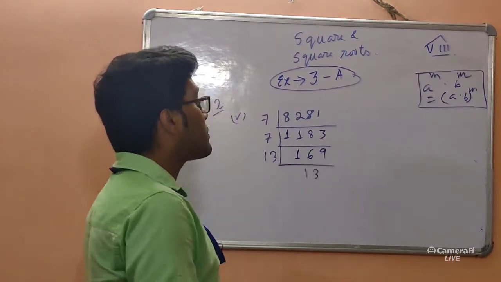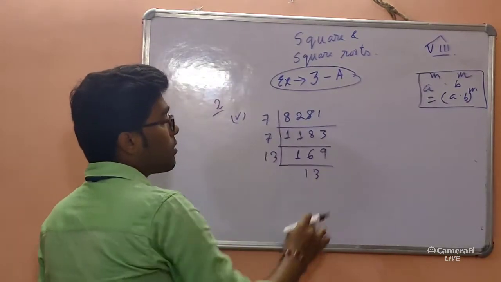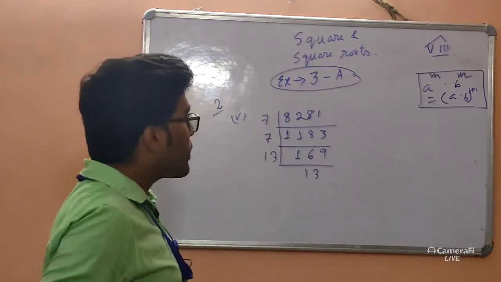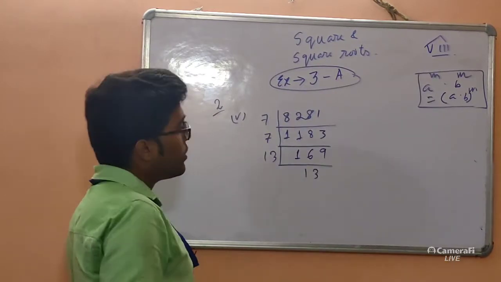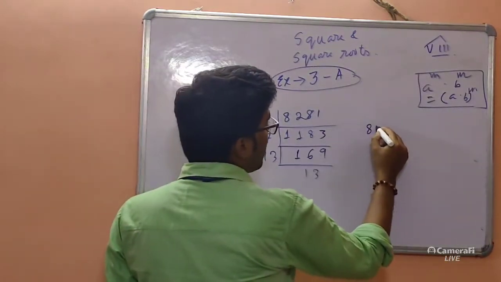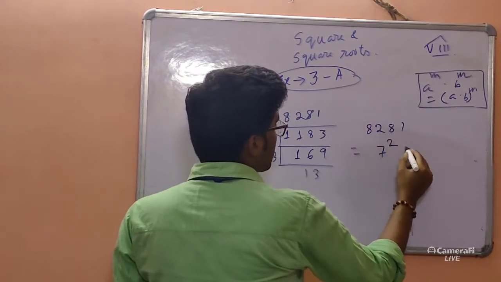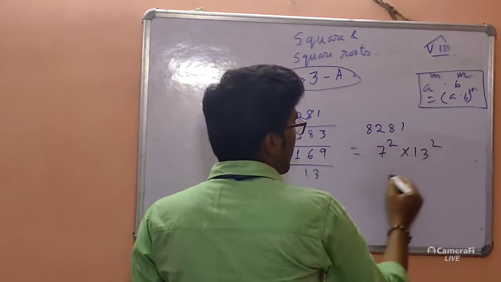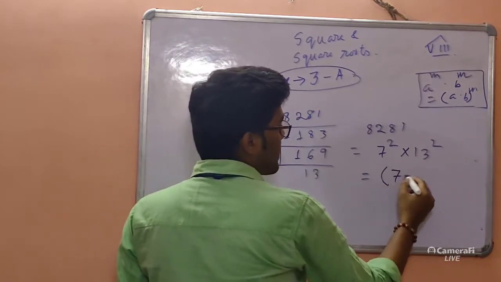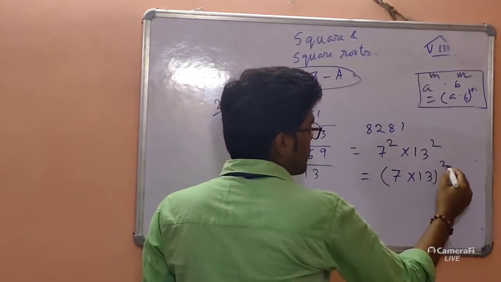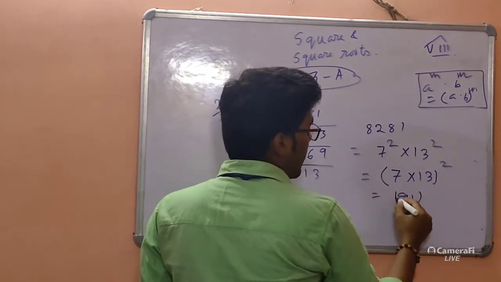Clear? So this 169, you could not do it if you don't remember that it is 13 square. So therefore 8281, we have 7 square into 13 square. Therefore this we can write as 7 into 13 whole square. So this is 91 whole square.